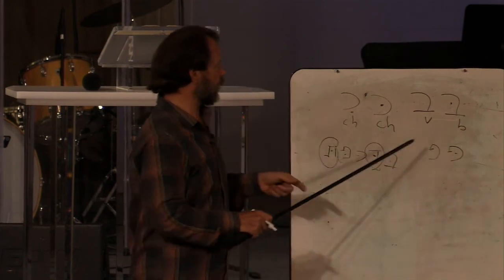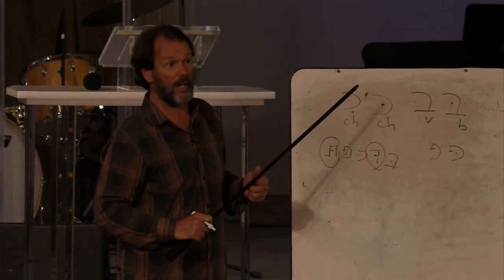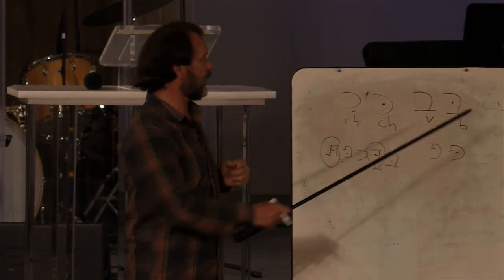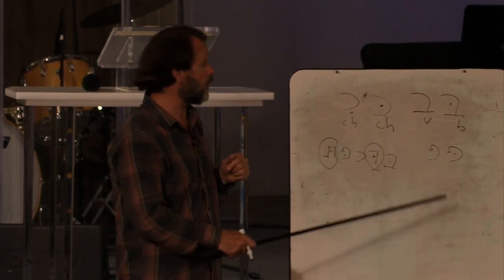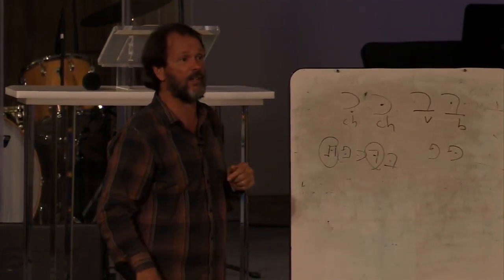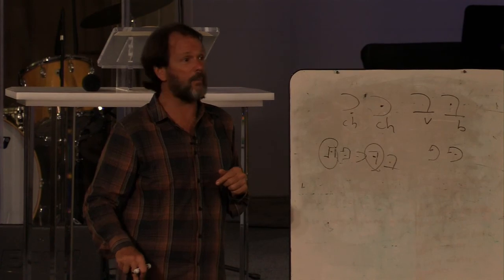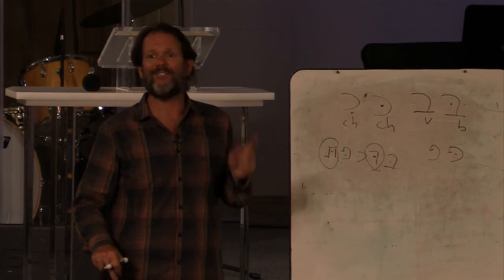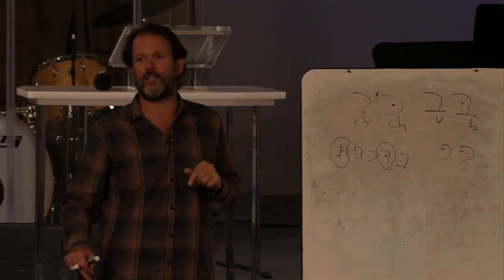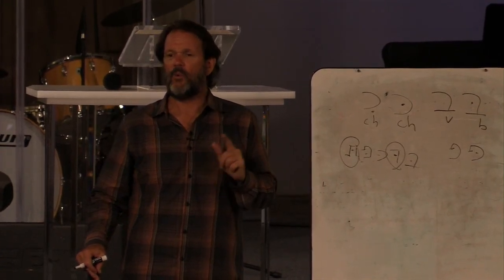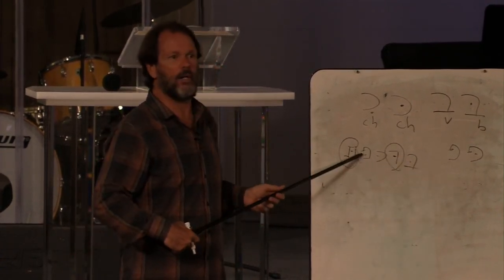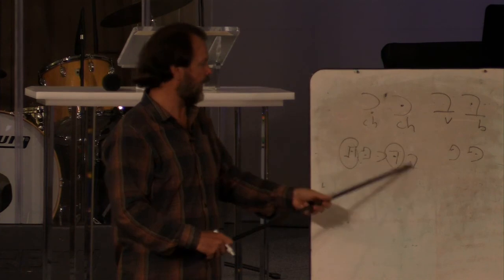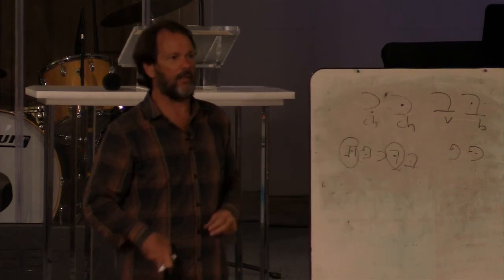But once again, it's just 3. You're right, I gave you 3 last week. There are 3 that change the sound. There's a total of 5 that carry the dagesh. Okay, I'm going to make it a little bit more complicated for you. Ready? Every other letter can get a dagesh too. And when you see a dagesh in any letter that is not these 5 letters, you double it.